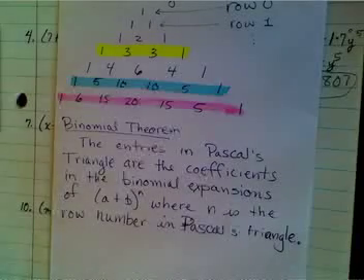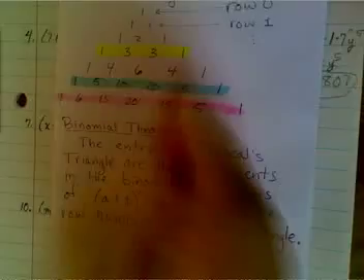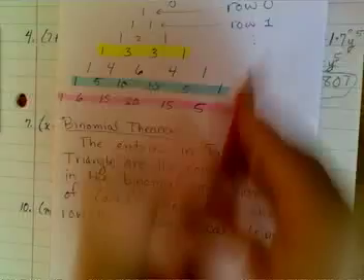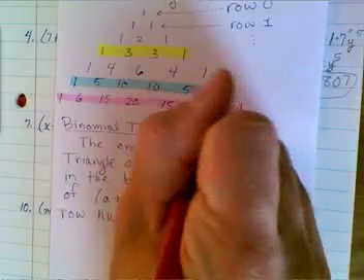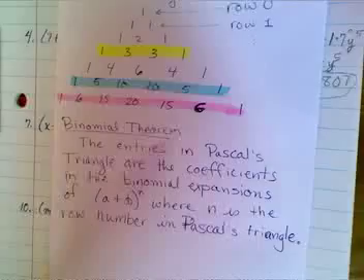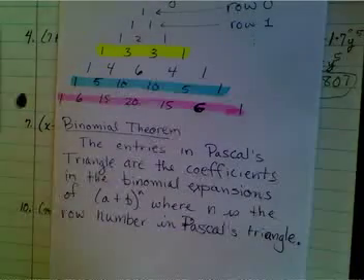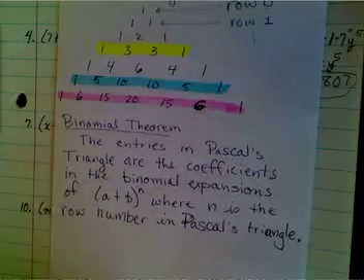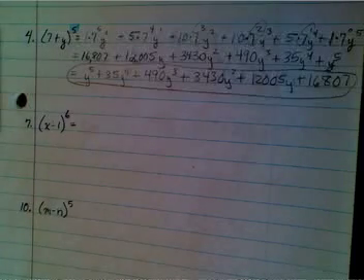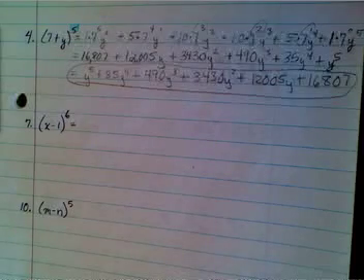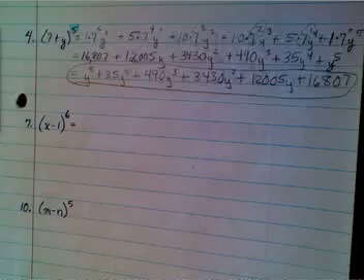Actually, I noticed that I wrote the wrong entry there. 15, 20, 15, and then this is a 6. So 1, 6, 15, 20, 15, 6, 1. Those are your first few.